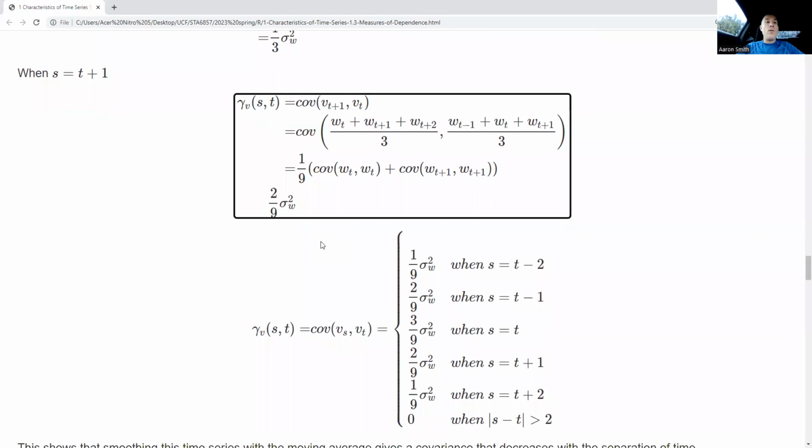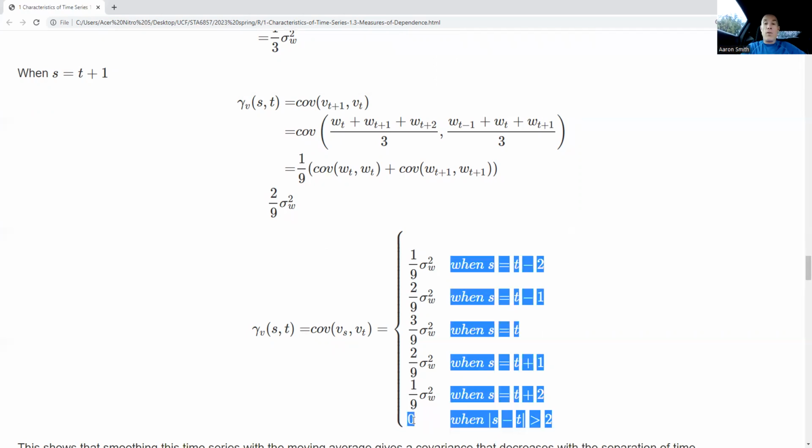All right, and we can do this again, and we get all possibilities to work out. Now, at a certain point, if I have enough separation between times for my smooth time series, there's not going to be any overlap in the subscripts. When that happens, the covariance is going to be equal to 0.